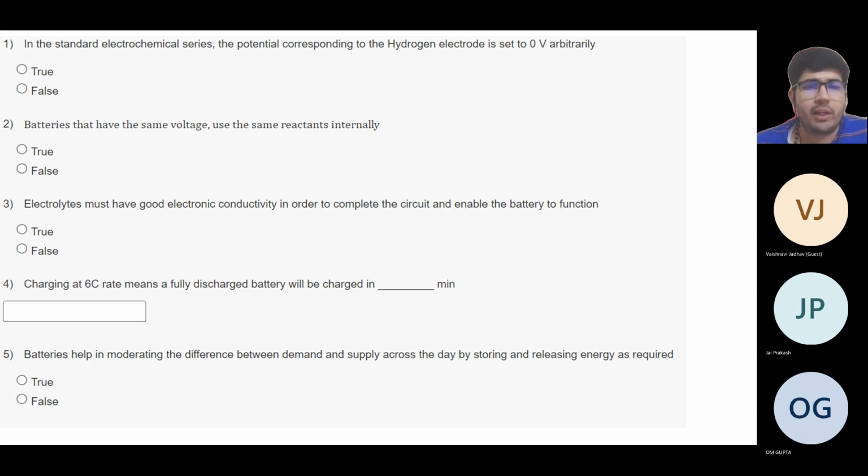Electrolytes must have good electronic conductivity in order to complete the circuit and enable the battery to function. False. Electrolytes should have good ionic conductivity. Charging at 6 C rate means a fully discharged battery will be charged in... just calculate. 12 minutes.